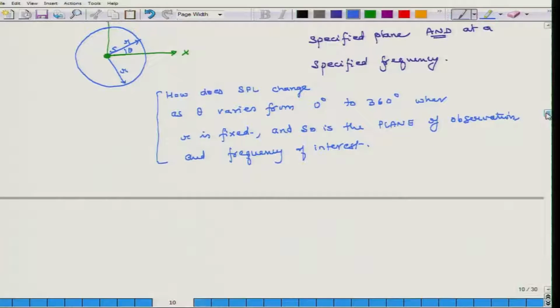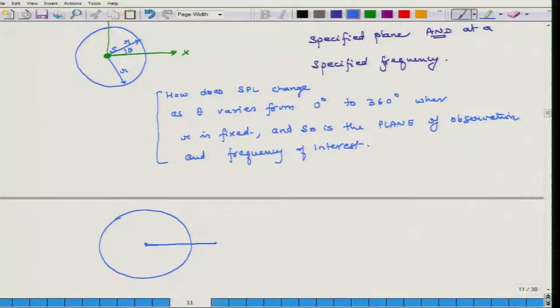If we have a perfectly symmetric source, a truly point source, then how will the directivity pattern look? It will just look like a perfect circle. And what does this circle represent? The distance.